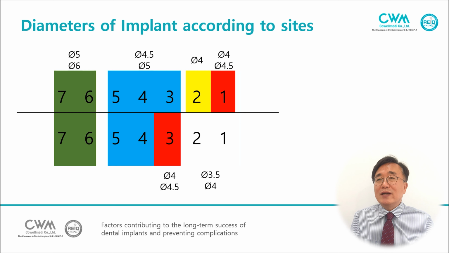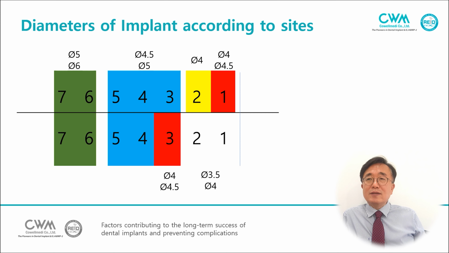So we recommend wide implant in the molar of diameter 5 and 6 in the molar side, and premolar and upper canine is recommended diameter 4.5 or 5, and lower canine diameter 4 and 4.5, but lower mandible 3.5 diameter or 4 is recommended because there is no occlusal force, lower by about 10-fold compared to second molar.